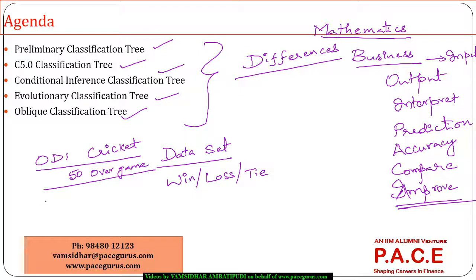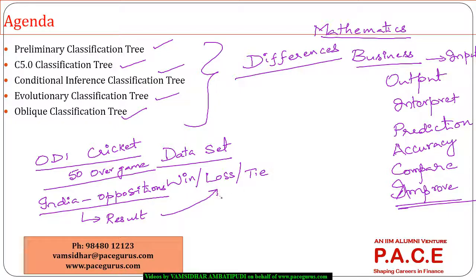So the recent games that have been played by India against different oppositions, and the result of each of these games. The result could be either a win or a loss or a tie.